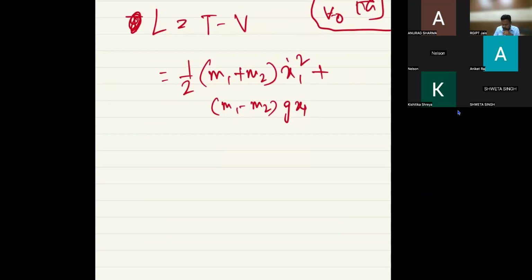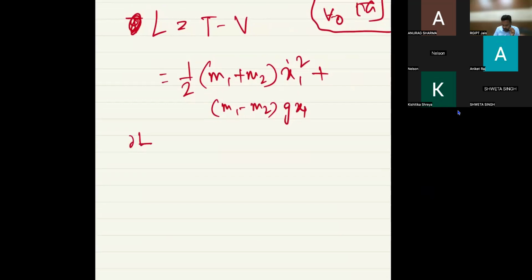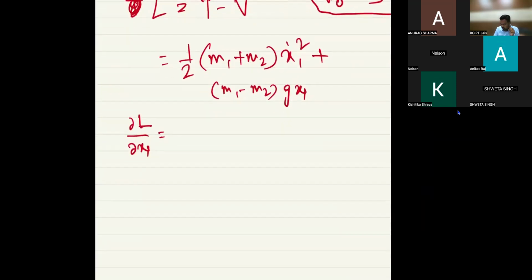So in our case the generalized coordinate is x1. Let's first find out del L del x1. What is the value of del L del x1? That will be (m1 minus m2) g, right?